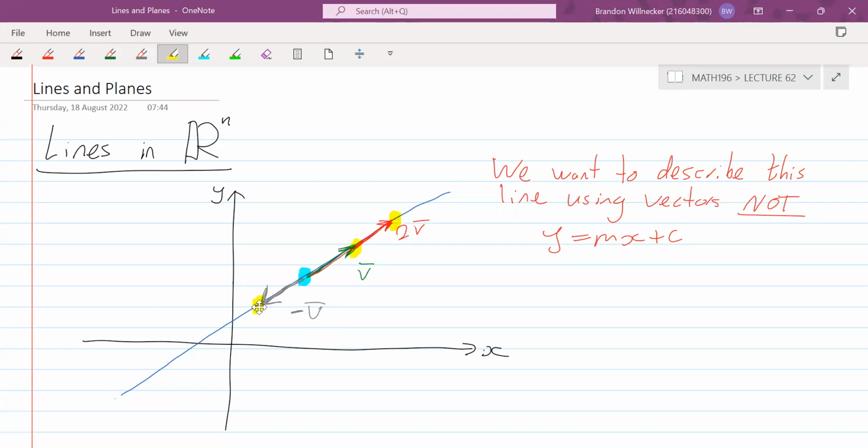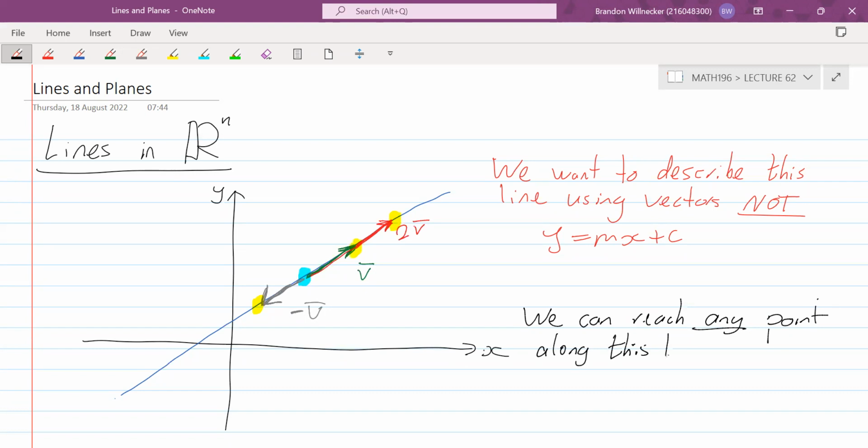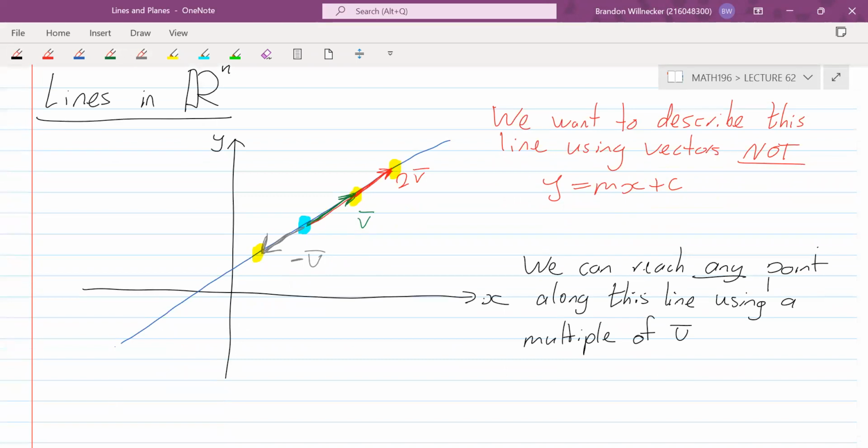And in fact, with any multiple of v, you can reach any point along this line. Remember, v is a vector that lies along the line.